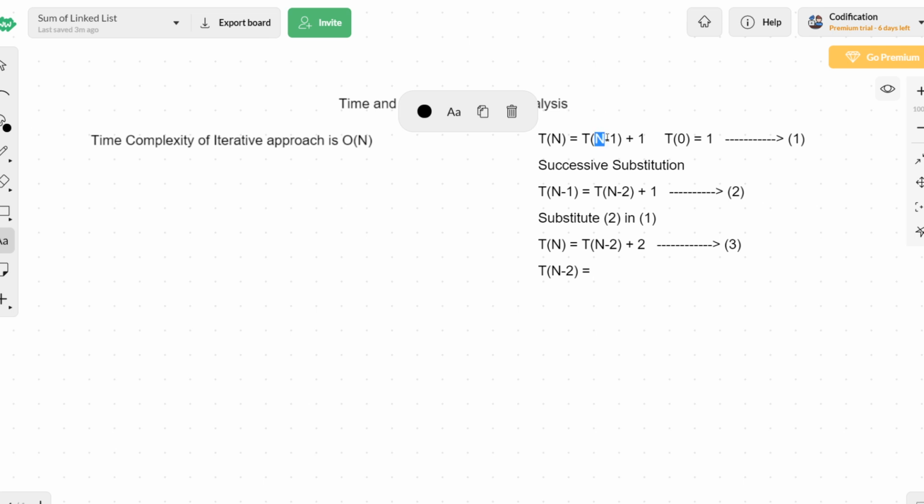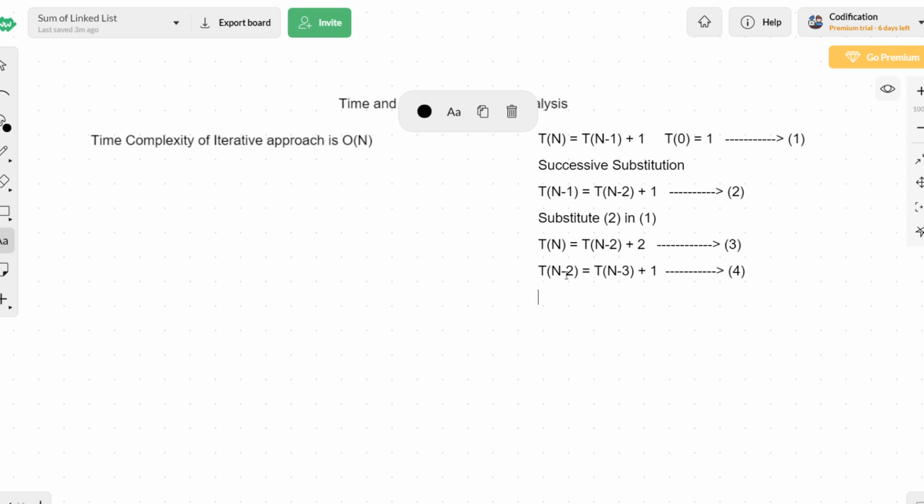So instead of n, if n minus 2 is substituted, then n minus 2 minus 1, so it will be n minus 3. So t of n minus 3 plus 1. So this equation we can take as equation number 4.